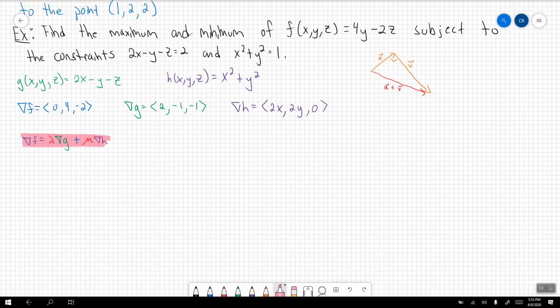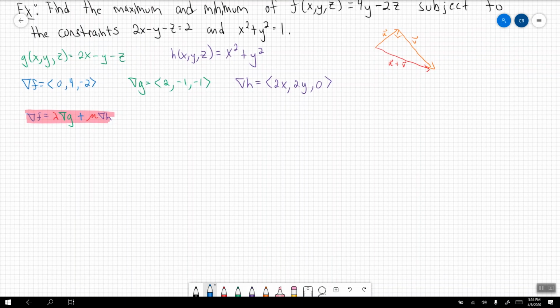This is the equation that we need to solve in order to find the maximum and minimum of the initial function f. And again, this is all based off of these vectors that we were initially working with. So let's set up some of these equations. Del f for the x values is 0, so 0 is equal to 2 lambda plus mu times 2x.